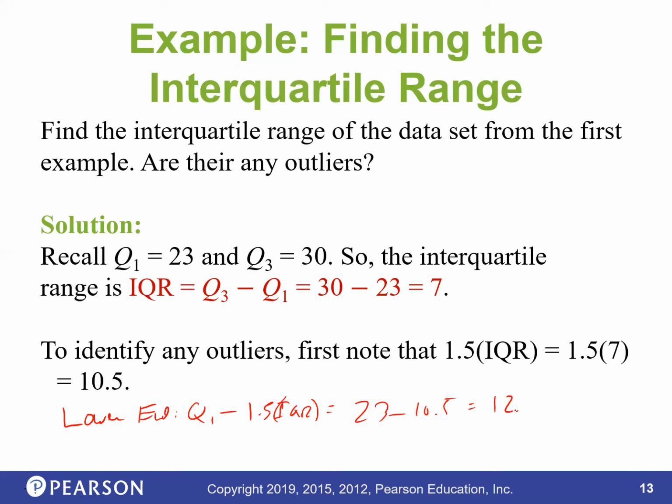Now go back and look at your data set. Do we have any data that is less than 12.5? 11, okay. 11 is an outlier. It's just unusual for the number to be there. Good.